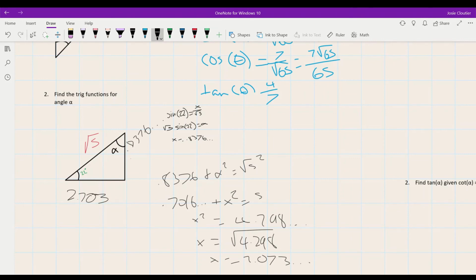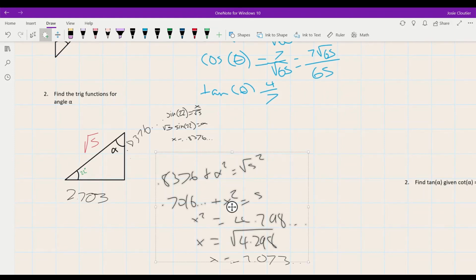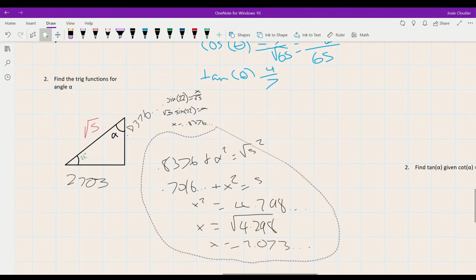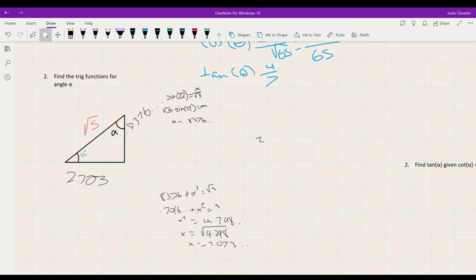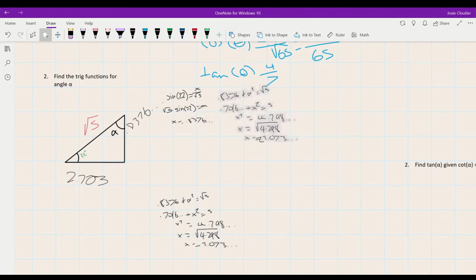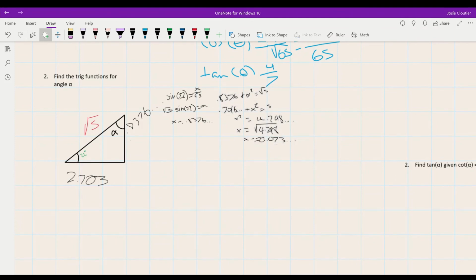Alright, now we need to find our trig functions. So finding trig functions of alpha.